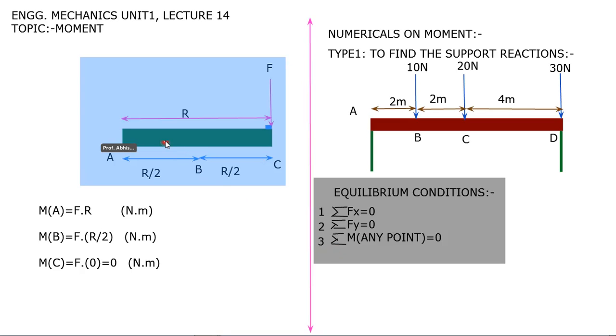If a certain body satisfies these three conditions, 1, 2, and 3, then only can we call that body in an equilibrium condition. Equilibrium means stable. What is the meaning of equilibrium? Equilibrium means stability. Remember this thing.